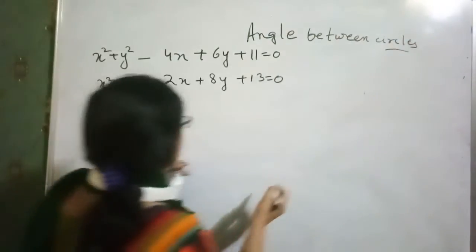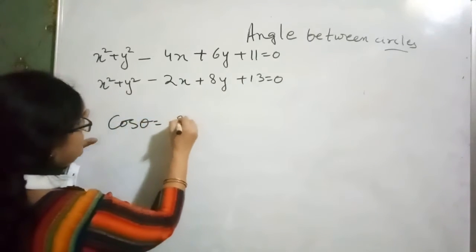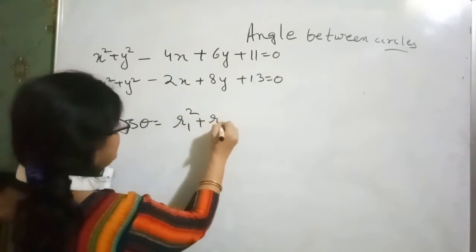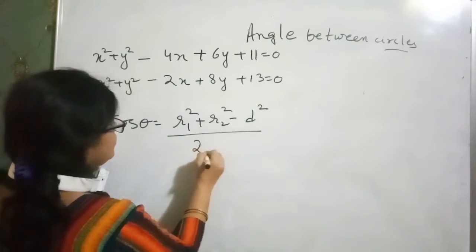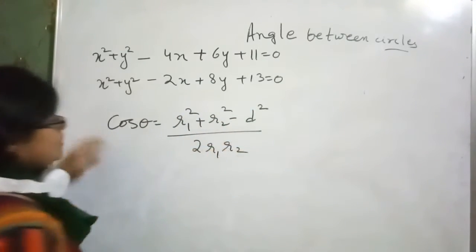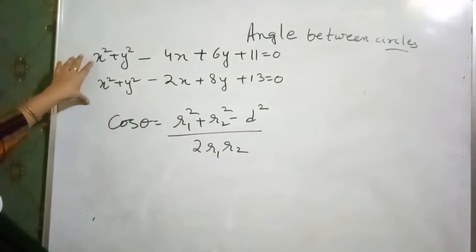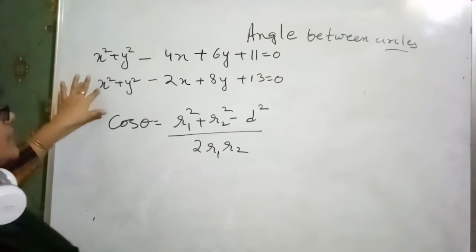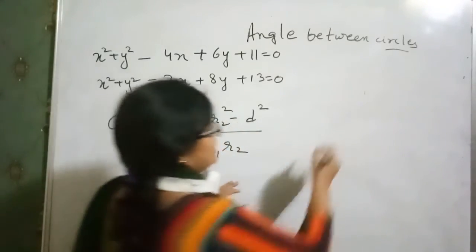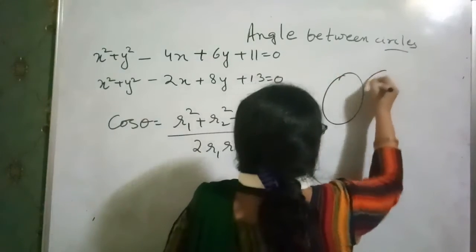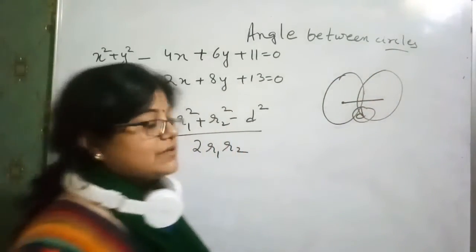For that we have the formula cos theta is equal to r1 square plus r2 square minus d square over 2 r1 r2. r1 is the radius of the first circle, r2 the radius of the second circle, and d is the distance between the two centers of the circles.